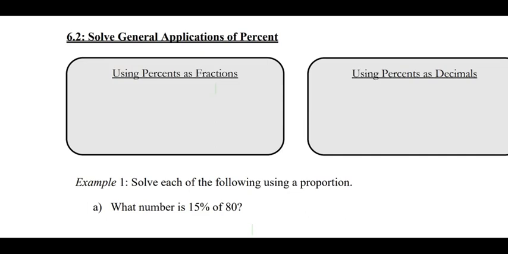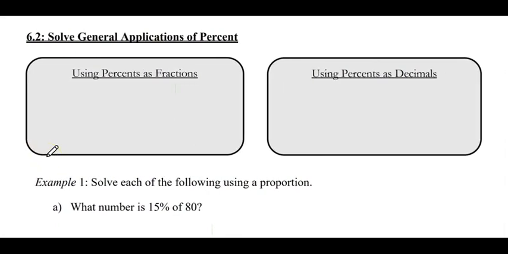From the previous lesson, 6.1, we learned how to represent percent as a fraction and how to represent percent as a decimal. Using percent as a fraction, we place the percent over 100, so P over 100, where P stands for percent.